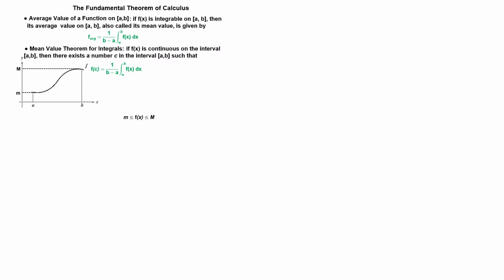We can multiply the inequality by b minus a. This inequality says that the area under the graph of f is greater than the area of the rectangle with height lowercase m and less than the area of the rectangle with height uppercase M.